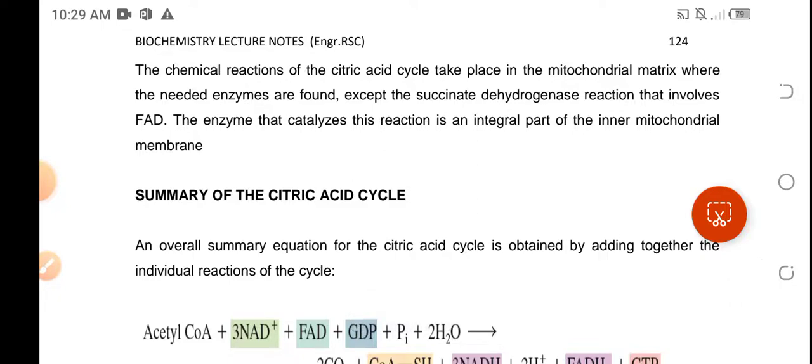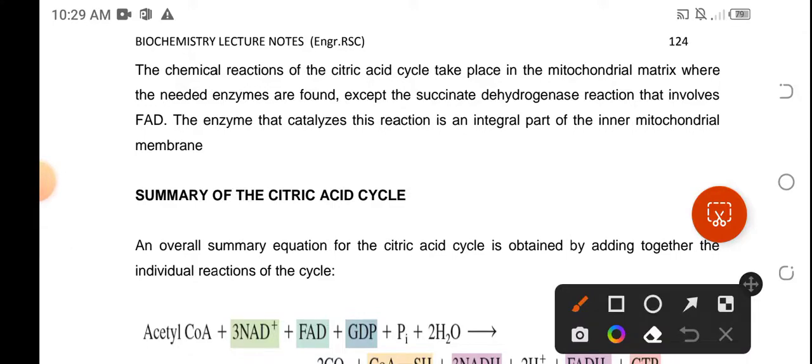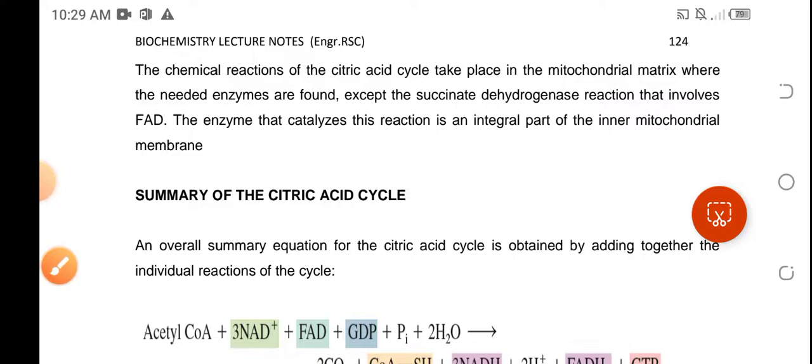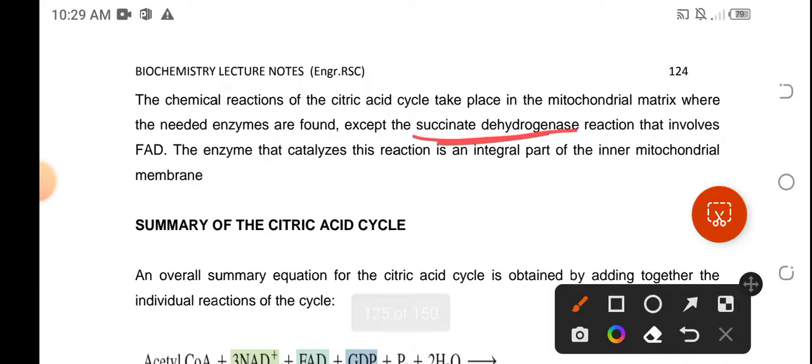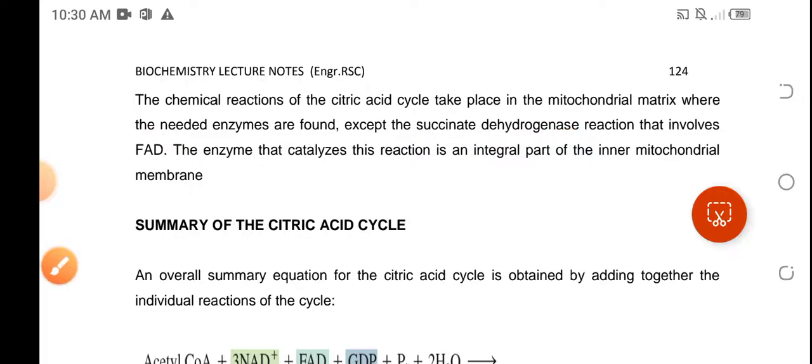Okay? So, from here, let's have the summary of that citric acid cycle. Okay, so the chemical reactions of the citric acid cycle take place in the mitochondrial matrix where the needed enzymes are found. So, nandun yung mga enzymes. Okay? Except for the succinate dehydrogenase reaction that involves the FAD. Okay?